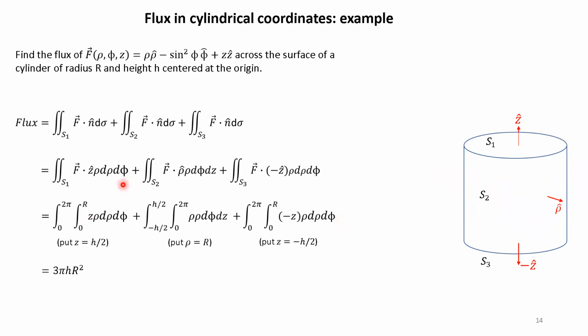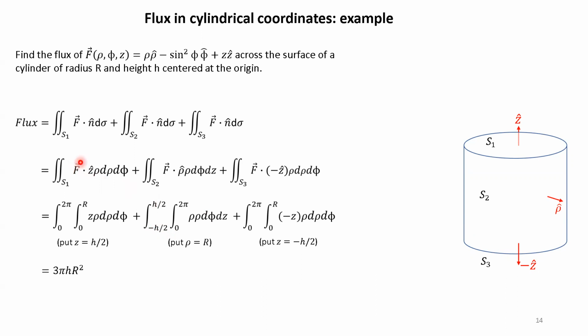Whenever you have the integration for phi, you go from 0 to 2 pi. And then for z, just go from this z value to this z value. Here I told you that the height of this cylinder is h, and the standard origin, so my z limit goes from minus h divided by 2 to h divided by 2.